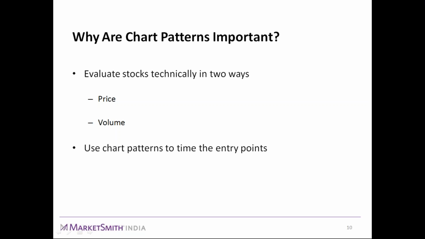That gives you a sense that some weaker hands may be exiting the stock, but there is no significant selling pressure building into the stock. So with these two aspects, the price and the volume action, we will see how we can identify some buying points or entry points into some stock using these chart patterns.